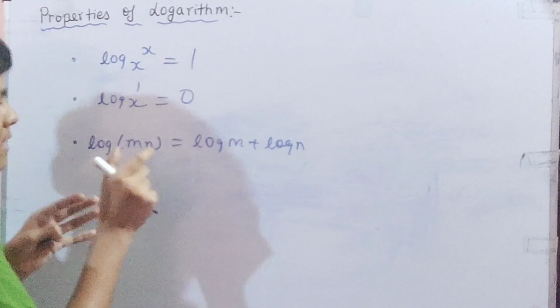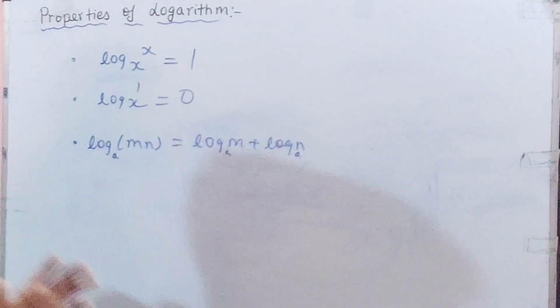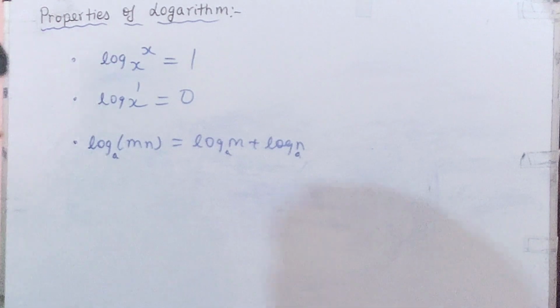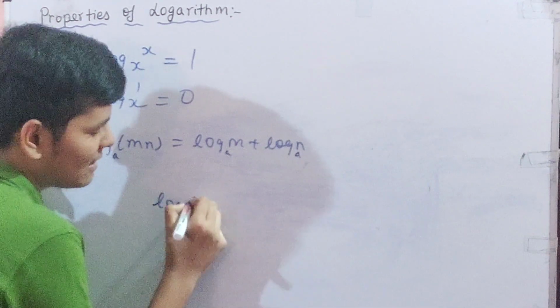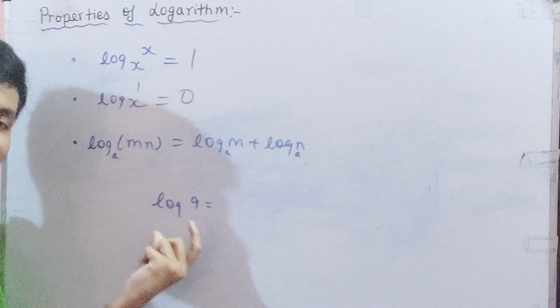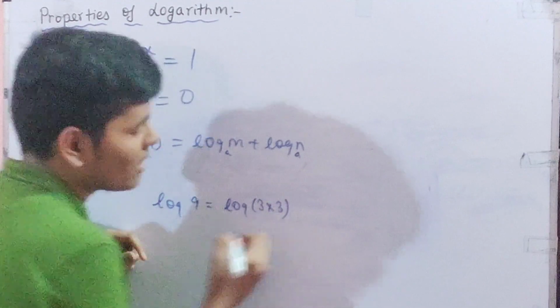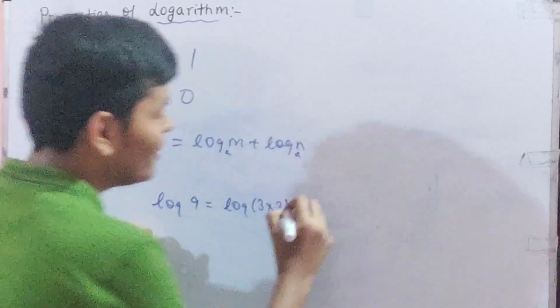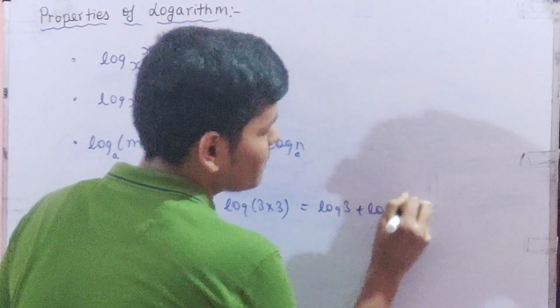Here we have to know that the base is a common base. If you have a multiplication inside logarithms, then they get added. Suppose we have log 9, then this can be represented as log of 3 into 3, and using this property we can say this as log 3 plus log 3.